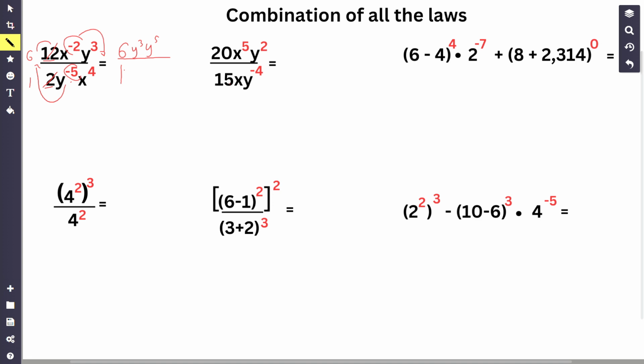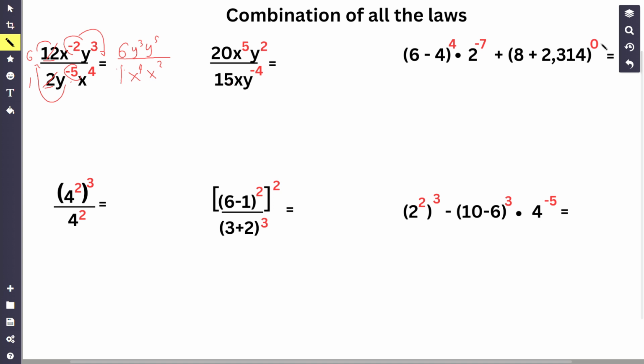Now we still have x raised to 4 here, and then we still have the x raised to negative 2 from the numerator, that now will become x raised to 2. Okay, so now we will have 6y raised to 3, y raised to 5, all over 1x raised to 4, x raised to 2. But any expression or number multiplied with 1 is just the number or the expression itself, right?